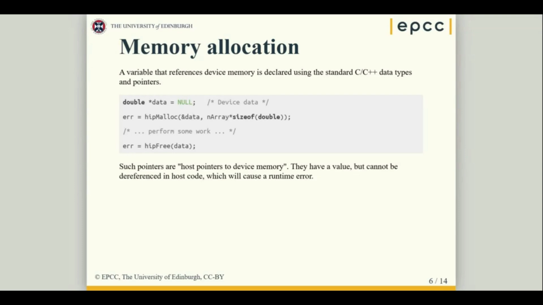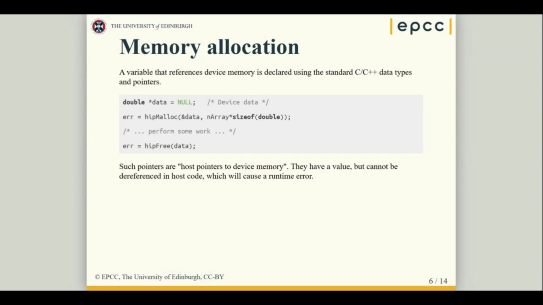So this is a pointer, an address in memory, to an object that holds an address in memory, which is going to live on the host, and it's going to refer to memory on the device.